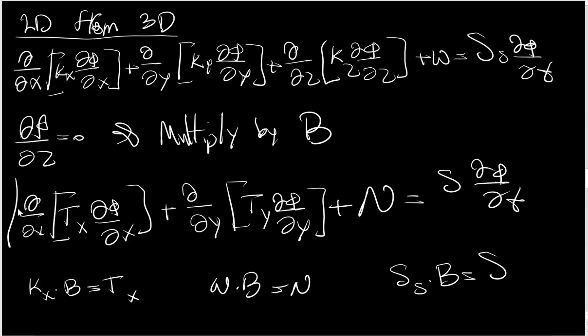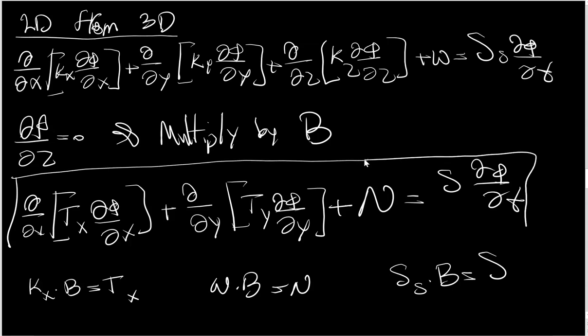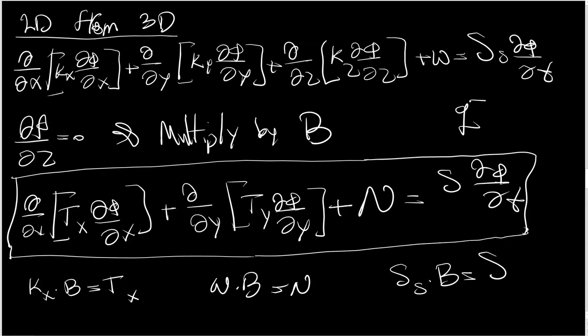So this is another way to look at a 2D equation, which is mathematically right, but you need to be very careful. I wanted to do the 2D system differently using the Q star concept, because the concept of Q star, which is the depth average flux, is very important.